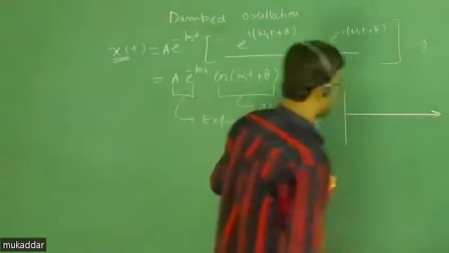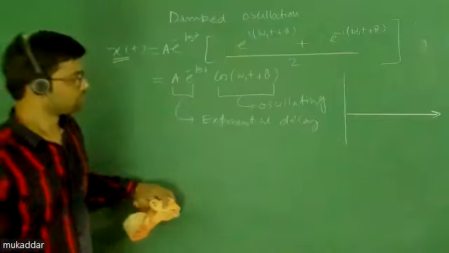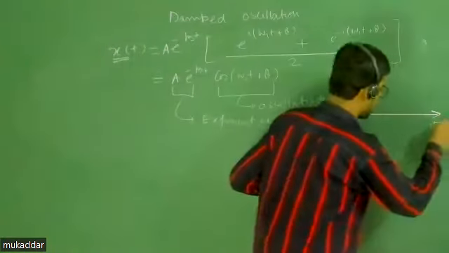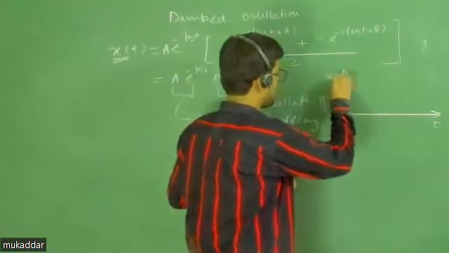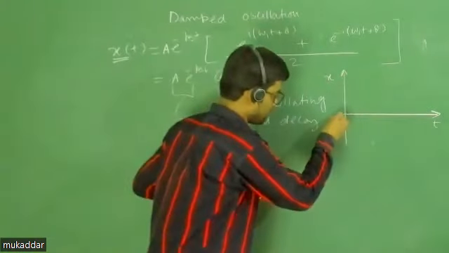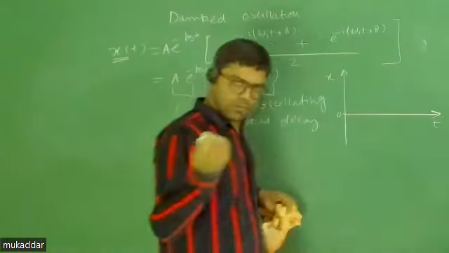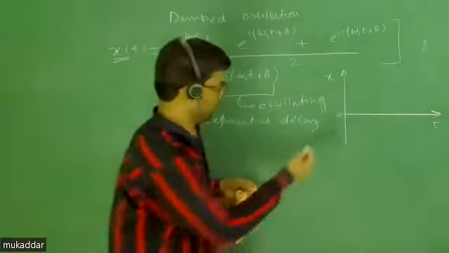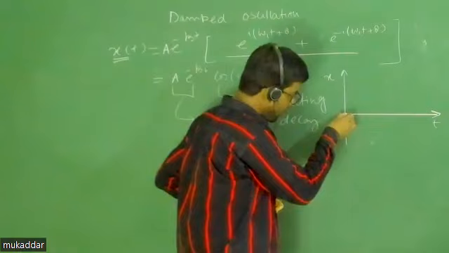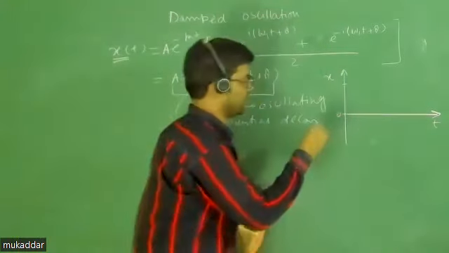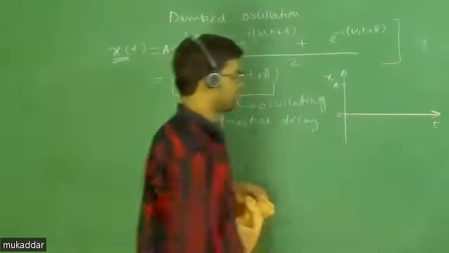On this side you have time, and on this side you have displacement x, and this is the mean position. Now suppose you have a spring block system in the underdamping case. You displace your block from the mean position by some amplitude a. Now what will happen? Tell me.